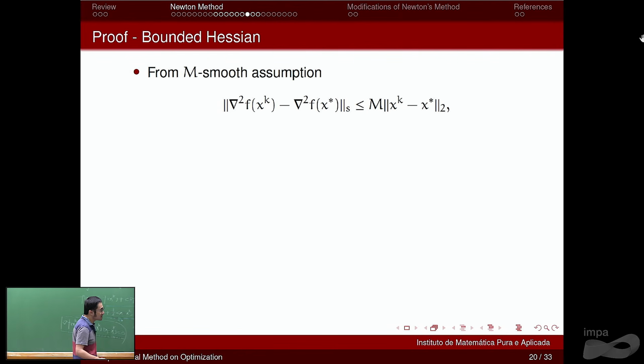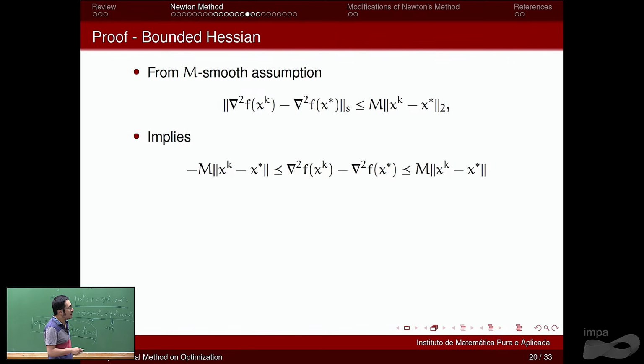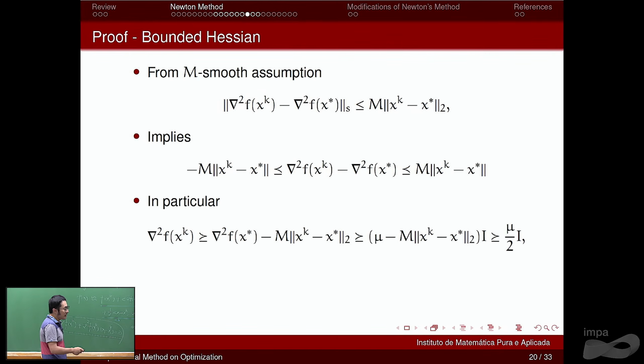On the other hand, we began from the M-smooth assumption. This implies that this matrix has this minimum eigenvalue and this maximum eigenvalue. In particular, the Hessian can be bounded by this inequality, directly from this one.